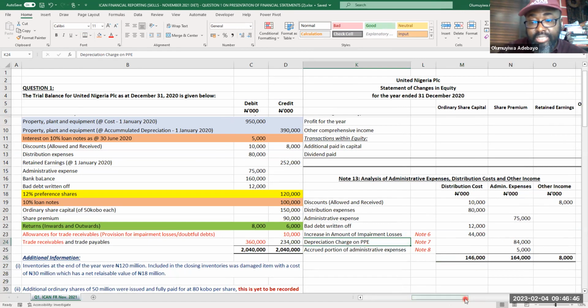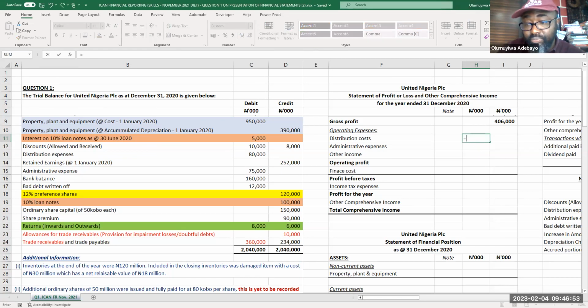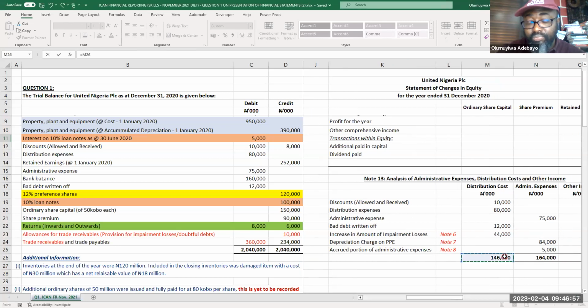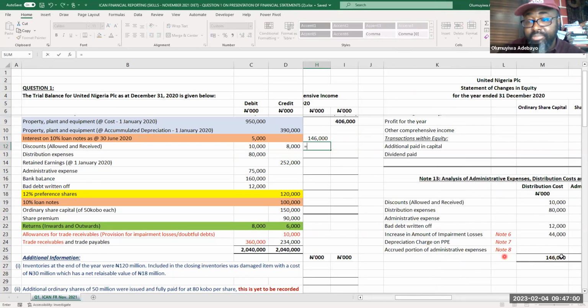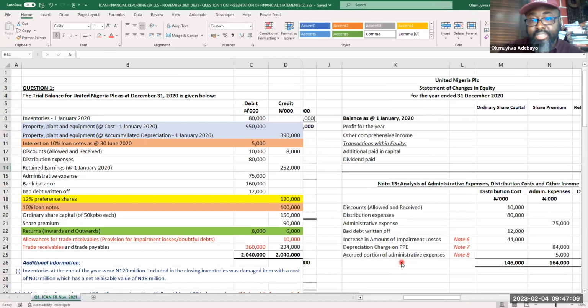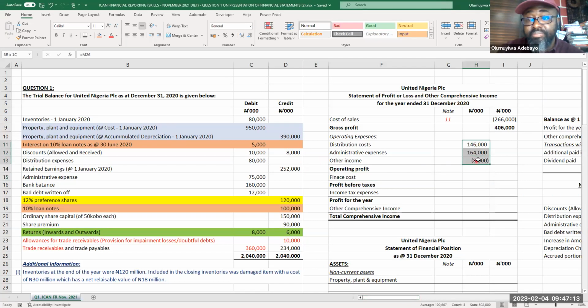Therefore, I can come to my income statement now. Distribution costs. Admin costs. And income will be this. Now, there are 2 ways I can do it. I can do it in this way and sum it up here, which means when I do that, I have 302.